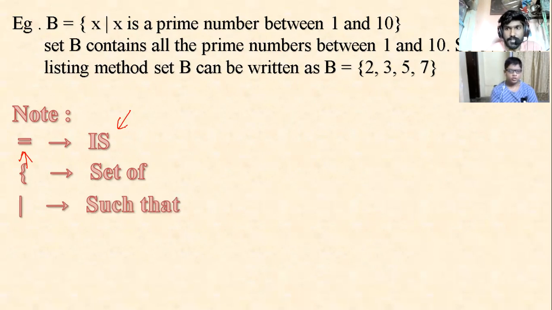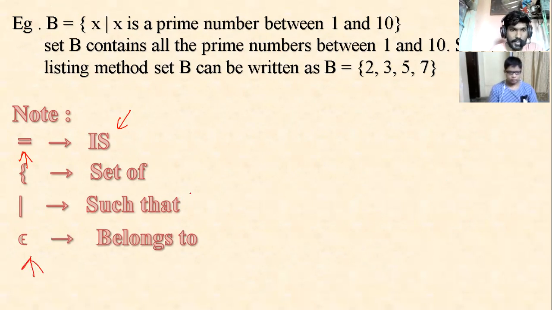The line represents such that. This sign we already studied, it is called belongs to. Here the line or colon, such that, one and the same, they mean the same. This single vertical line or this colon means such that. And comma is usually read as and.